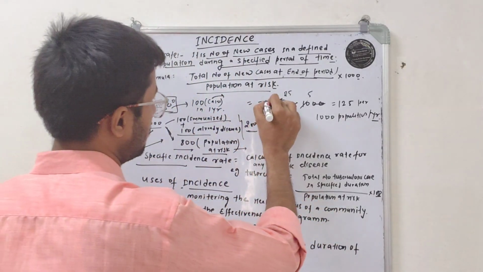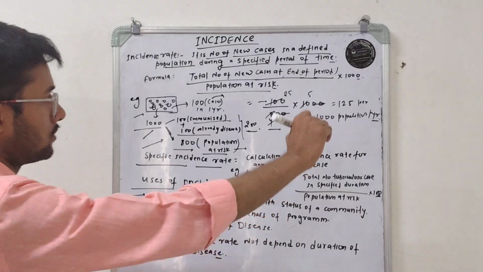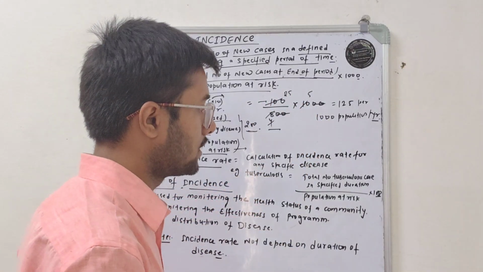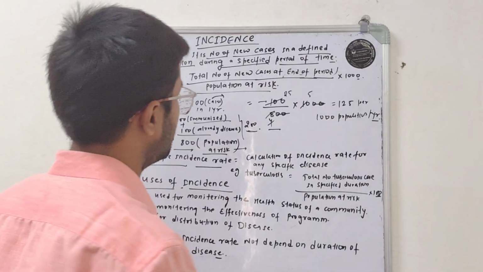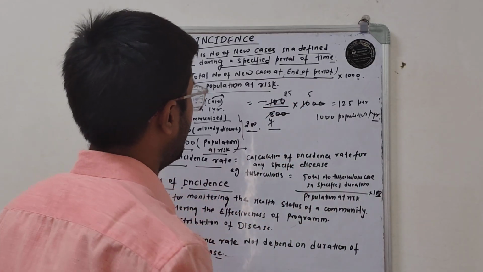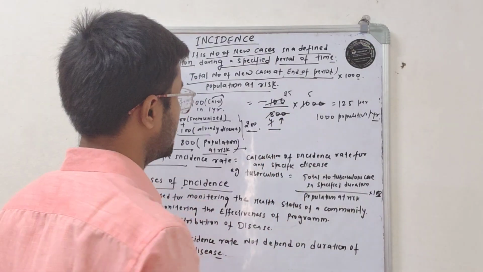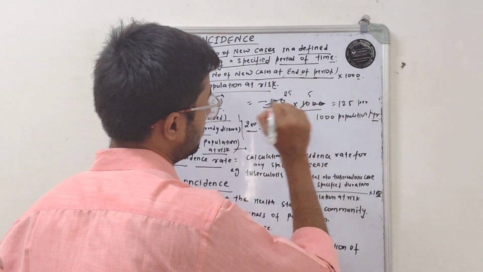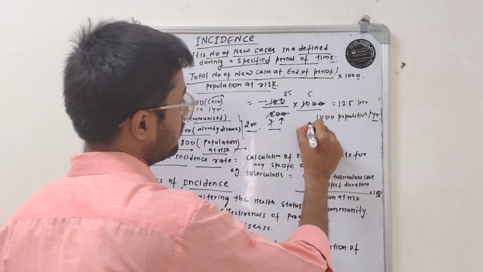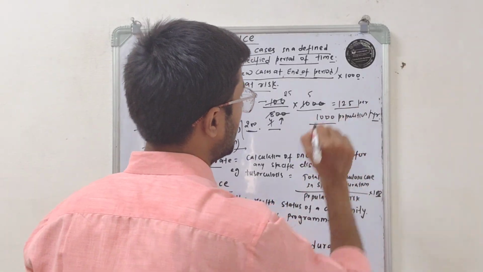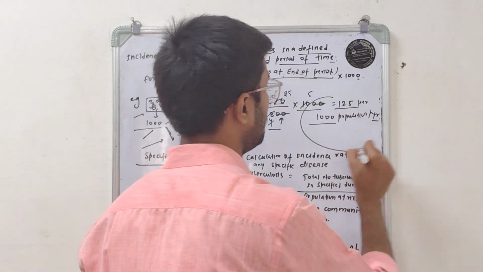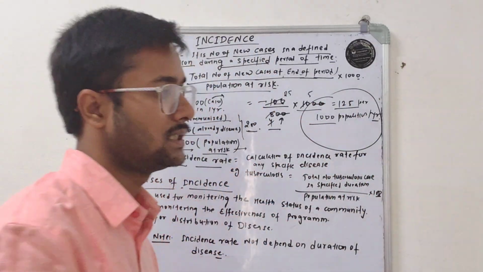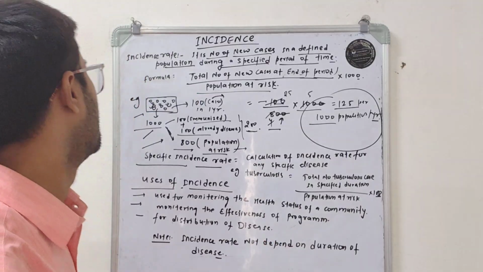So in the numerator we put the total number of cases that come at the end of the study, which is 100, and 800 is the population at risk, multiplied by 1000. So the overall value comes as 125 per 1000 population per year. This 125 per 1000 population per year is the incidence rate.